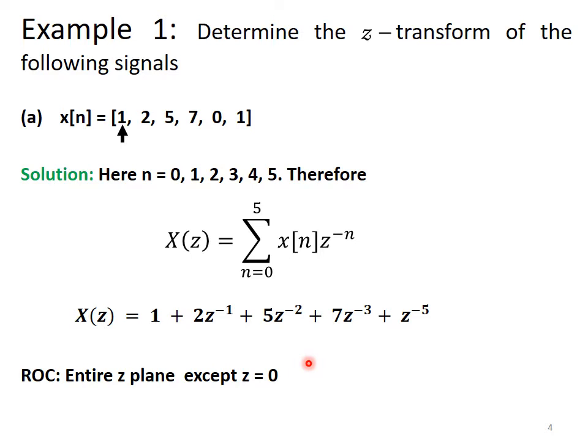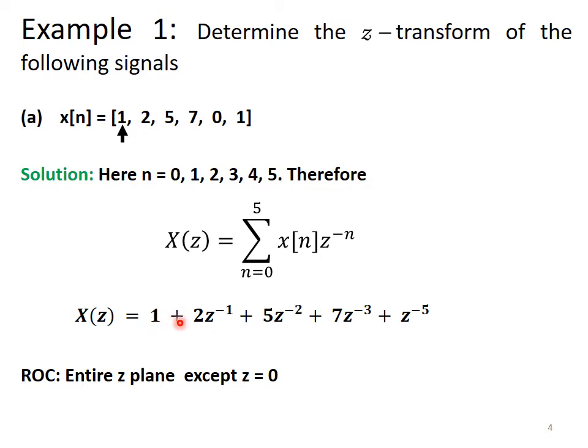Now you can put different values of z to determine at what values of z, x of z is actually a finite value. It is quite obvious that for z power minus 1, z power minus 2, z power minus 3, z power minus 5, as long as the value of z is not 0, you will always get a finite value.